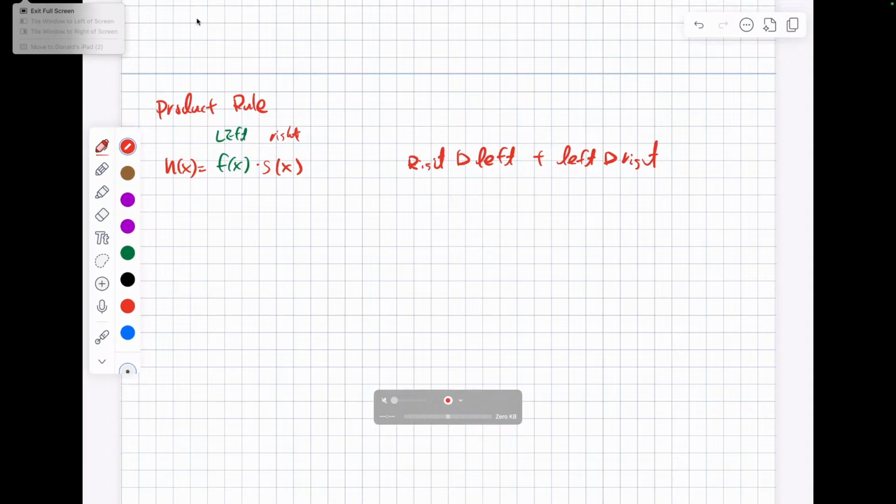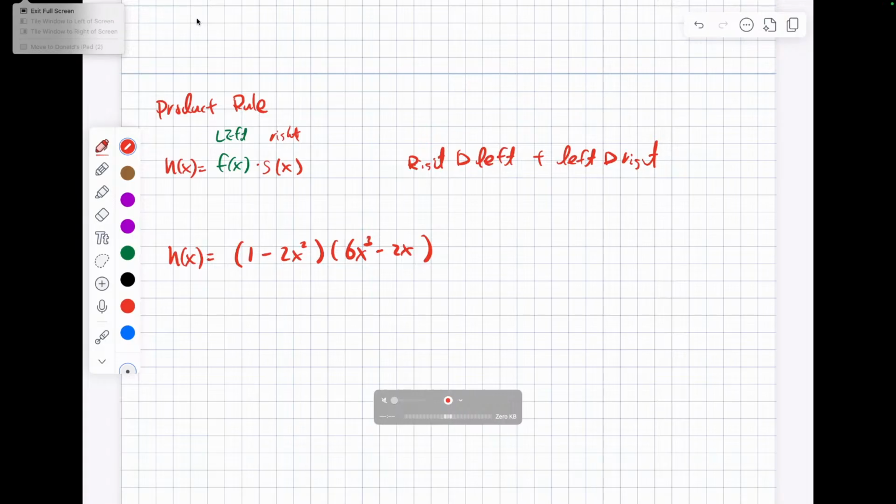There's your product rule. So what if you have h of x equal to 1 minus 2x squared times 6x to the third minus 2x, something like this, and I want to take a derivative of this function?